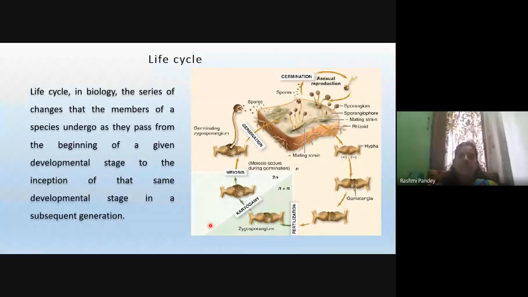And whenever you are writing a life cycle, mention what stage is a haploid stage, what stage is a diploid stage. If you have put together these 4 points, then your life cycle is sorted. You can write a life cycle of any organism if you remember these 4 points. So this is regarding life cycle.